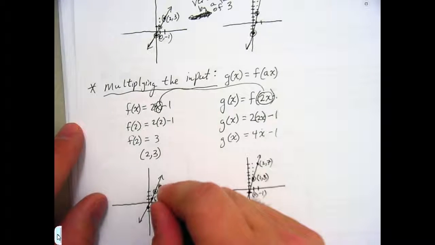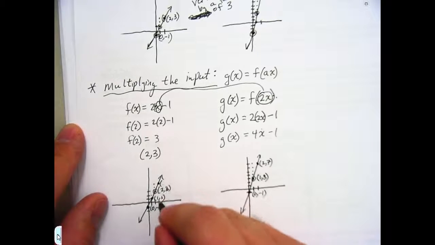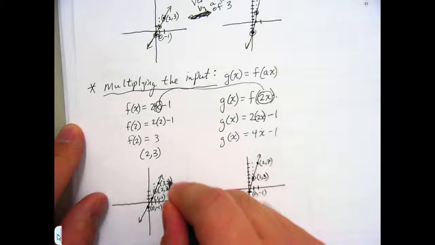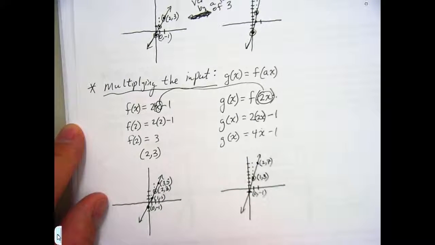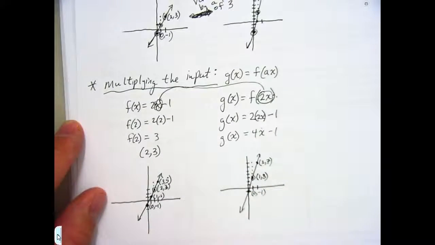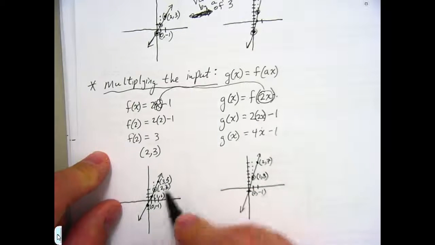What would the next output be if I rose 2 and I ran 1? My input would then be 3. My output would be 5. We good there? Okay. And so I could keep going through that process and come up with more points. But what I'm trying to do is track these outputs.